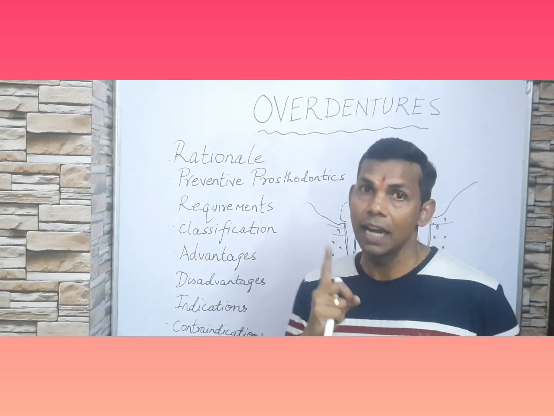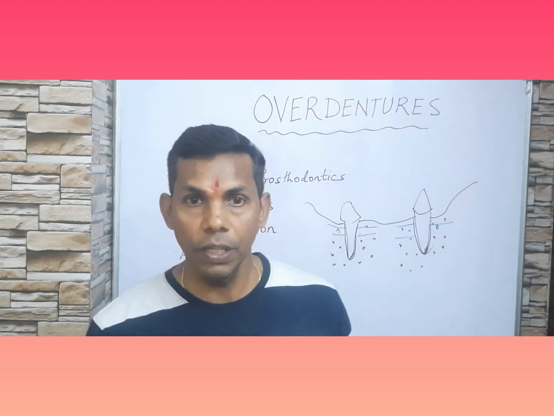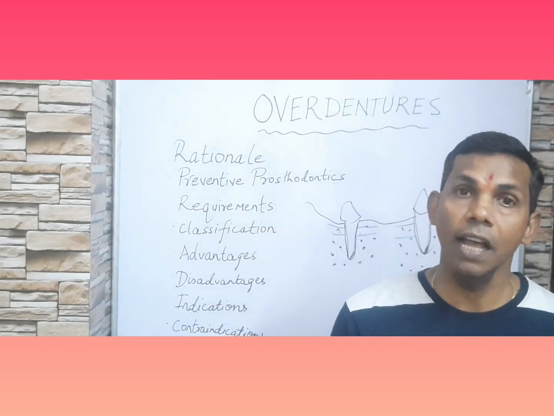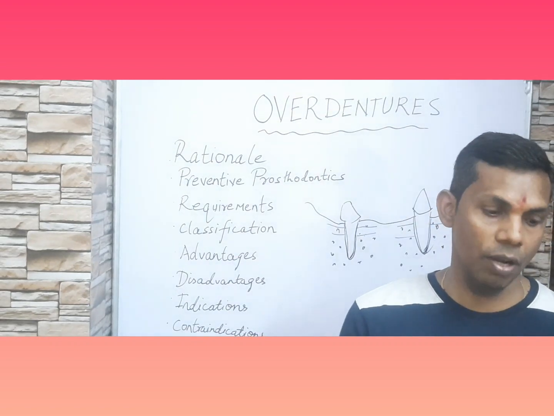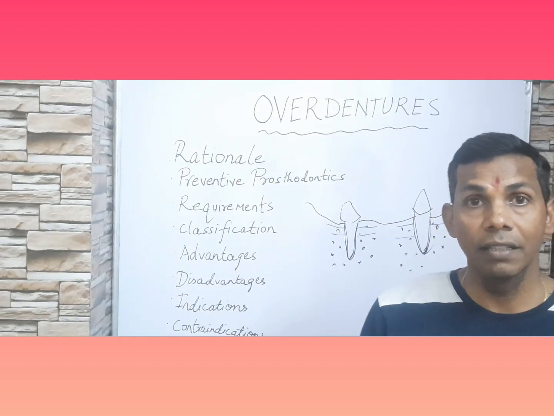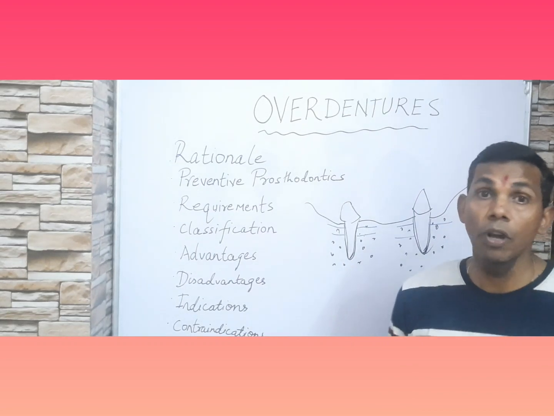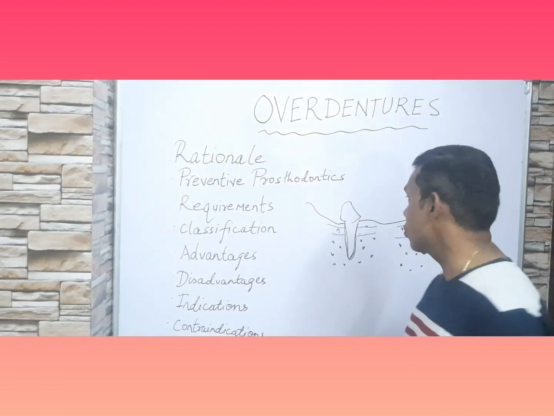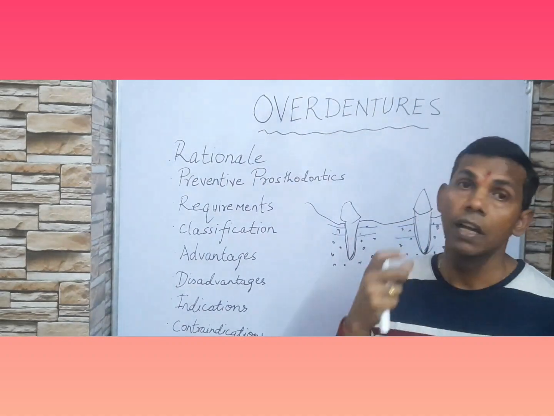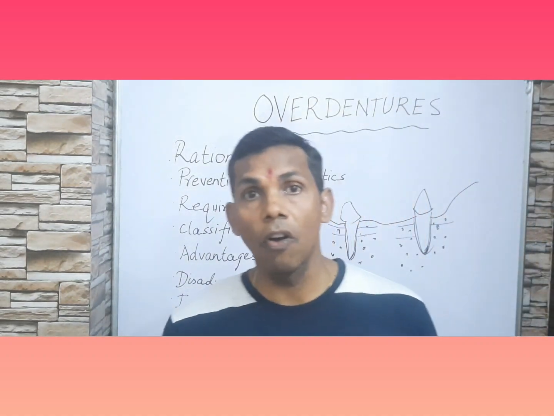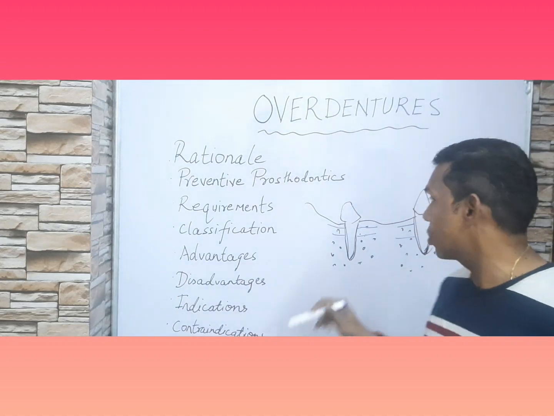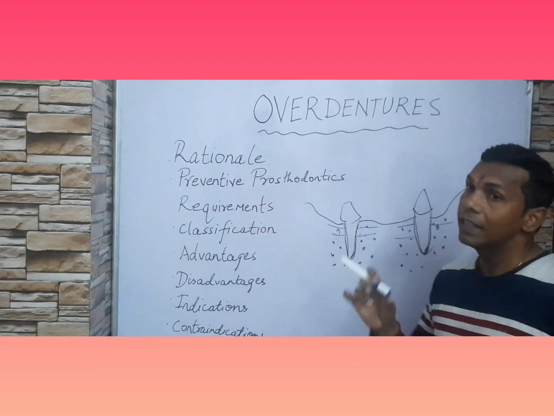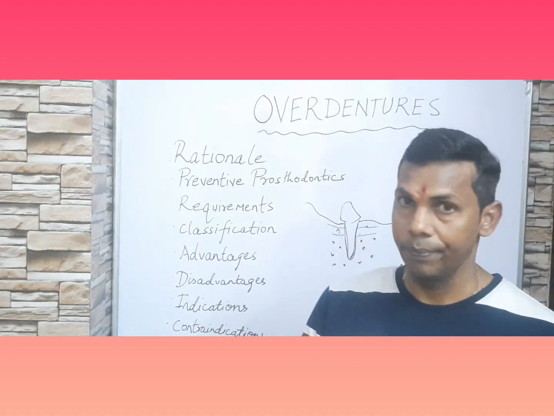One thing is this, that is you are preserving bone with overdentures. That is, again, when you are preserving the teeth, you are basically preserving the bone. Secondly, with the teeth, you are preserving the periodontium. So with the periodontium, as you know, you have a great amount of proprioceptors in the periodontium which maintain the teeth in the socket.